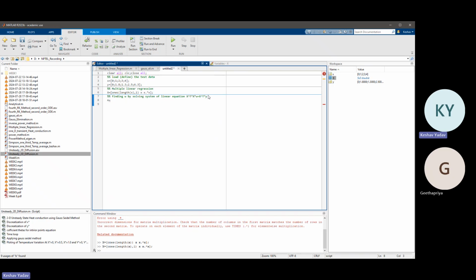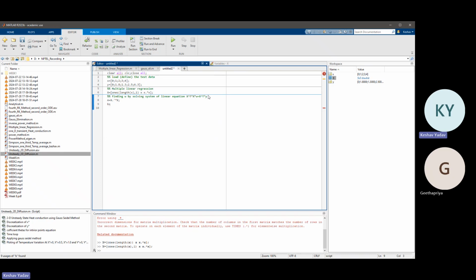So A will be equal to what? X transpose X. So X dot, this will give me the transpose here, multiplied by X. This will be my A. Now my B will be what?